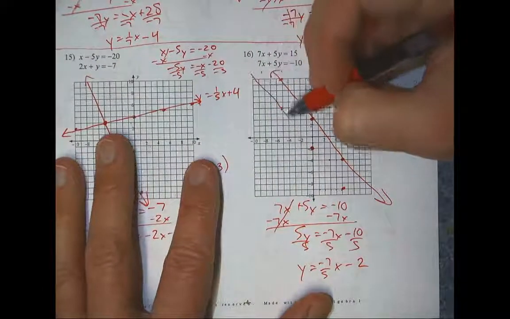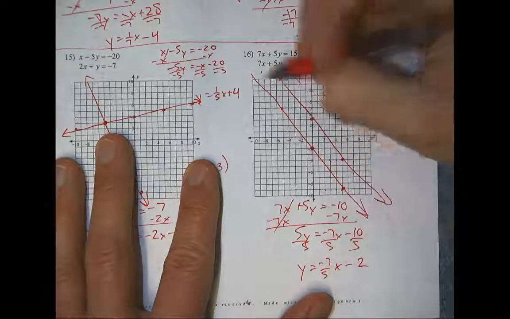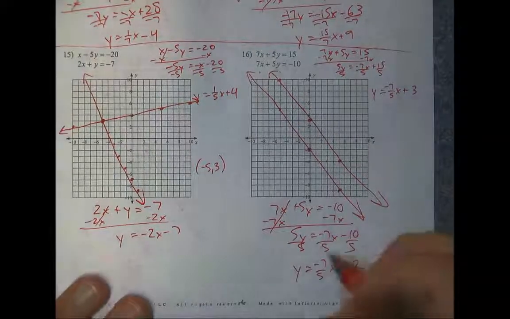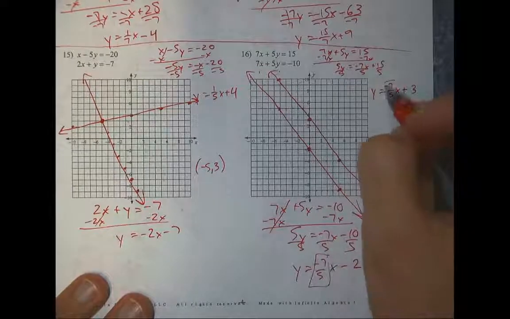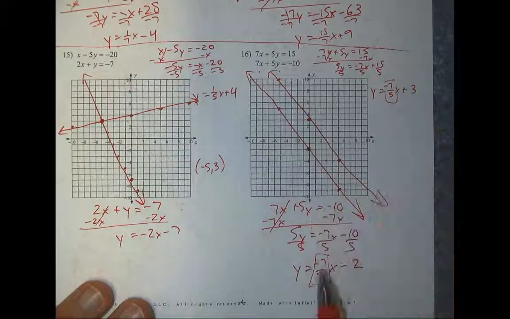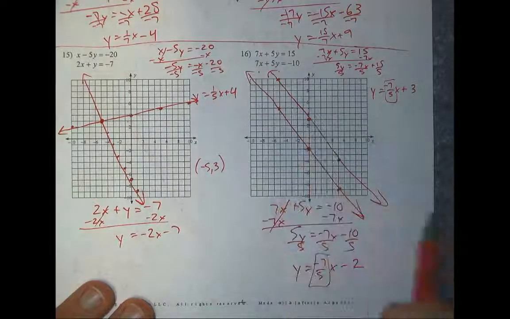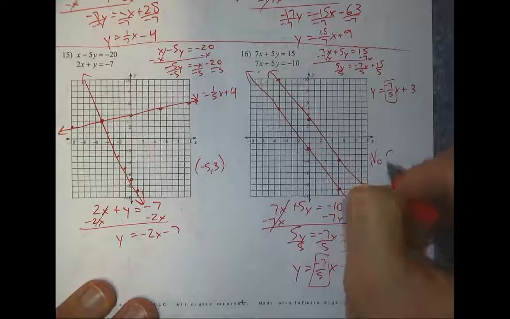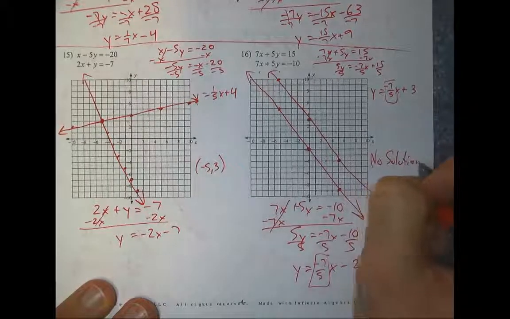And they're clearly not going to cross on this graph. And my lines are not great, but you can see those are parallel, and we know for sure they're parallel from the math itself, not needing the graph. Same slope means they run exactly the same, and they will never cross. So final answer here, no solution.